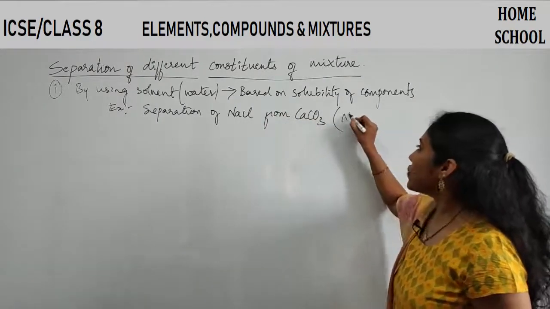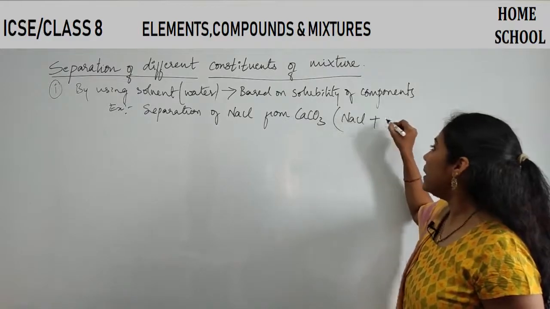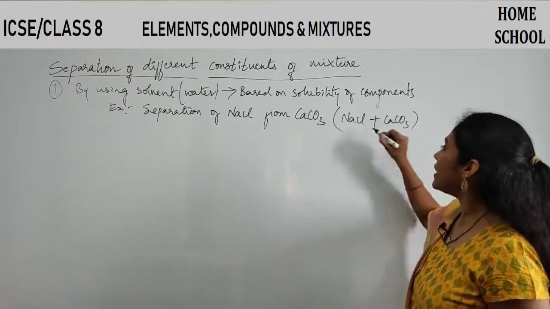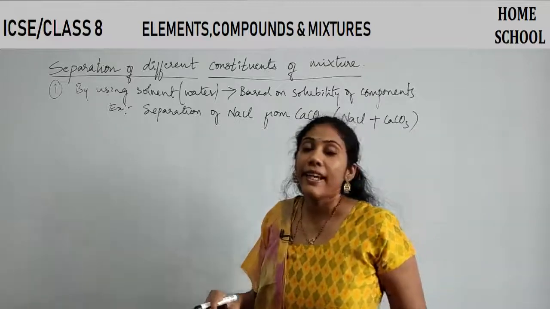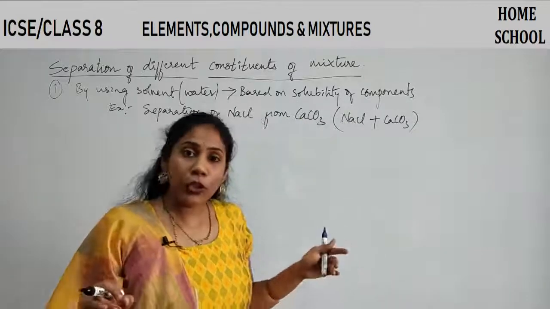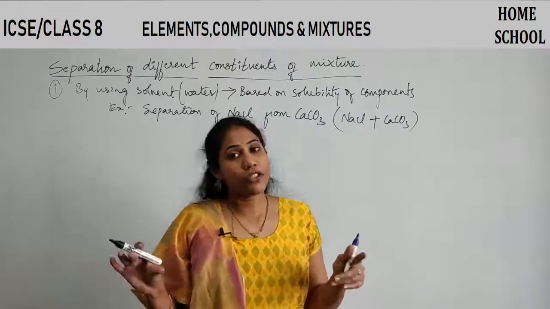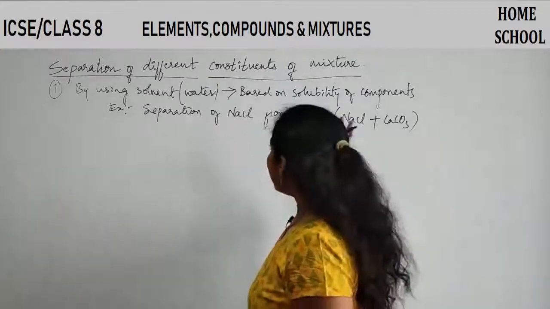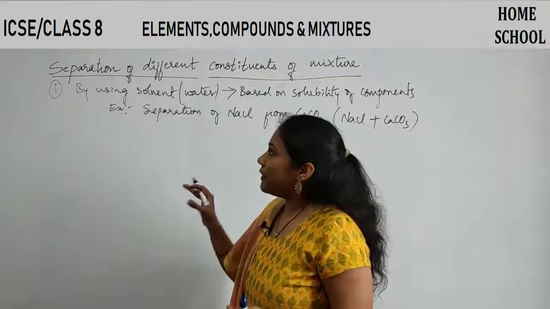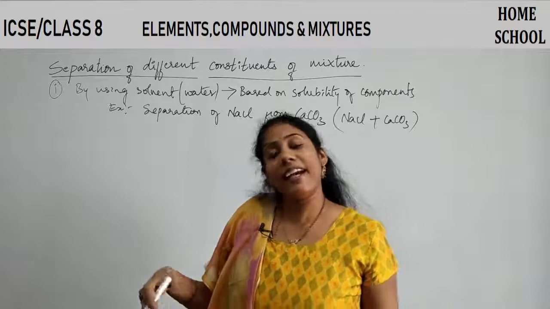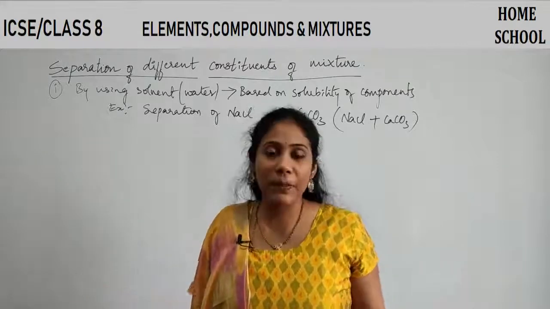So what is the mixture I have? I have NaCl mixed with calcium carbonate. Both are white colour powders. I want to get NaCl separated from calcium carbonate. So I can definitely use this method. I can use a certain solvent and then separate the components of the mixture.